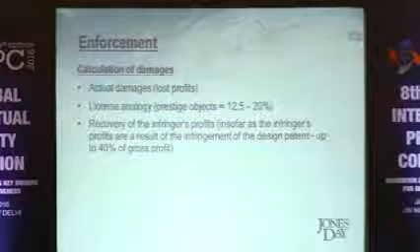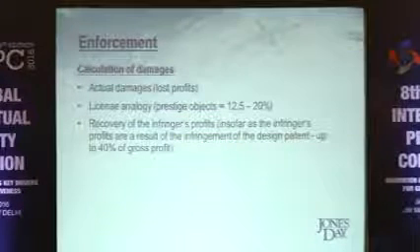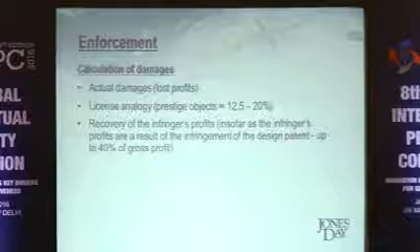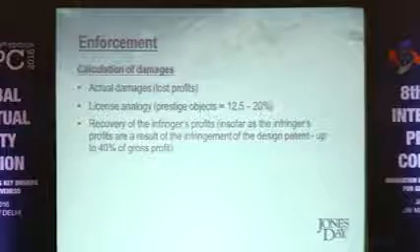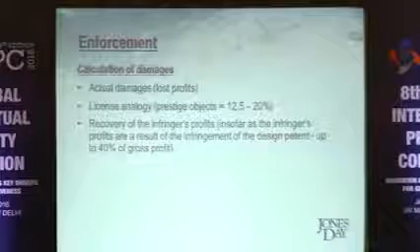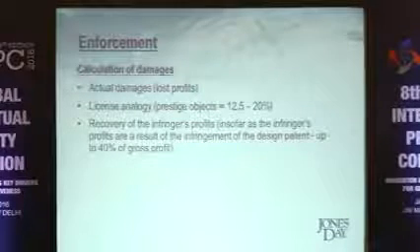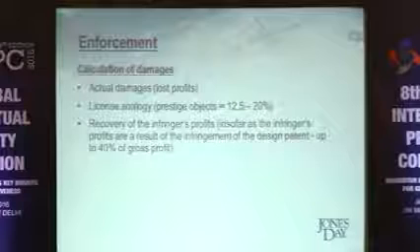When it comes to enforcement, it is much easier to enforce a design patent than a utility patent, because judges tend to better understand aesthetic features compared to technical features.